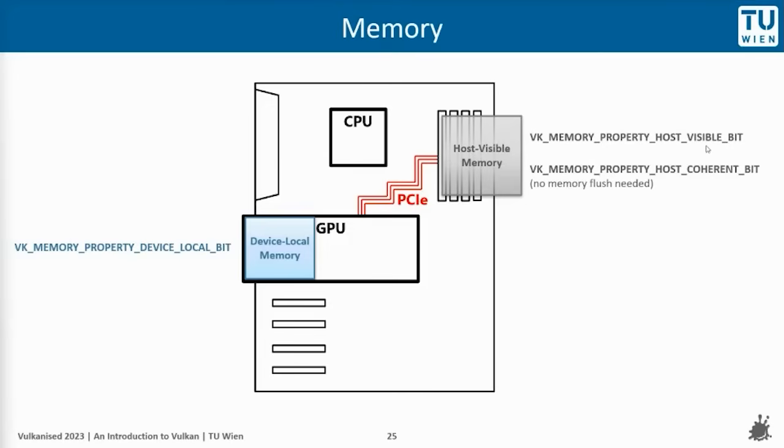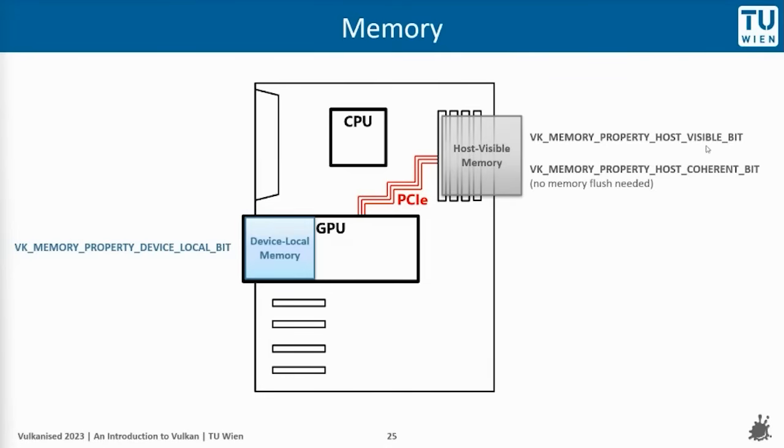Conceptually it is the same, just no memory flush is needed when we write to host coherent memory. If the host visible memory did not have the host coherent bit in addition, we would have to manually flush the memory after writing into it. But conceptually it's one and the same.